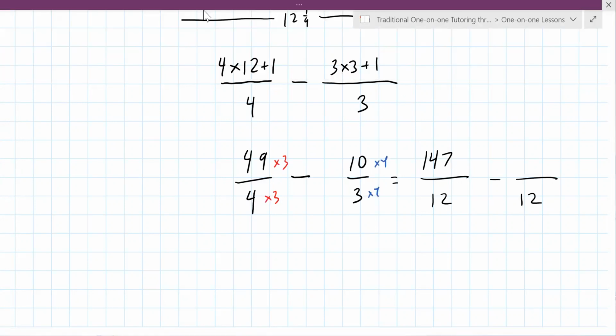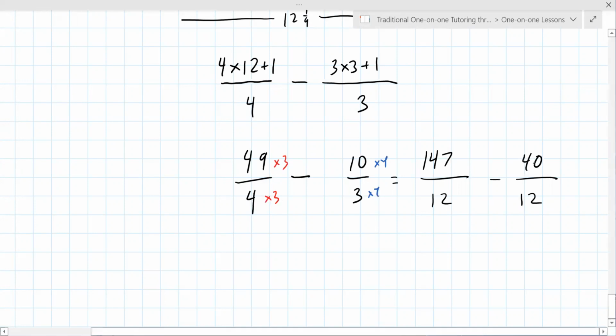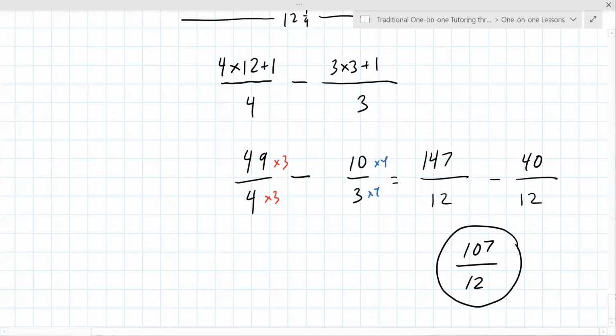That one's easier. So this becomes 107 divided by 12, and we'll just call this the final answer. I believe 107 is prime. Yeah, because those can't be reduced, right? Yeah, I don't believe so.